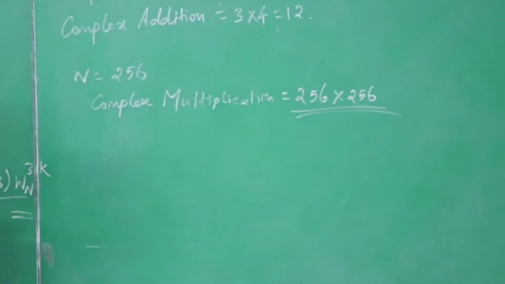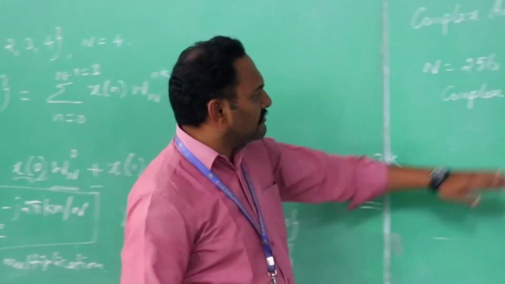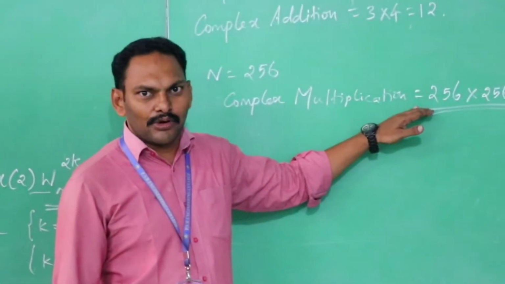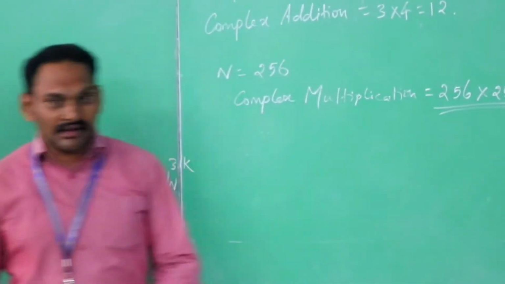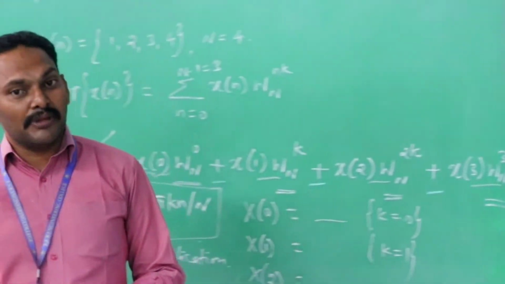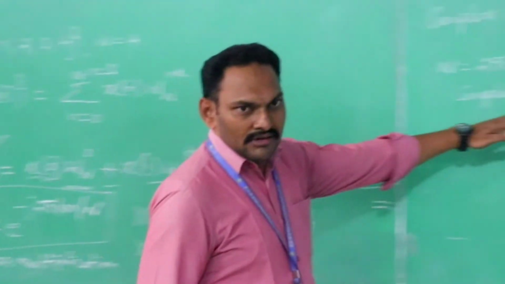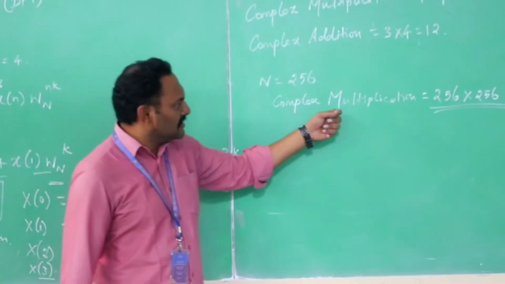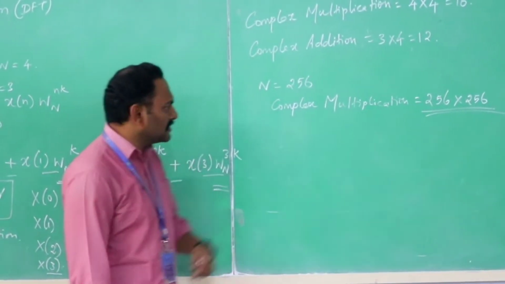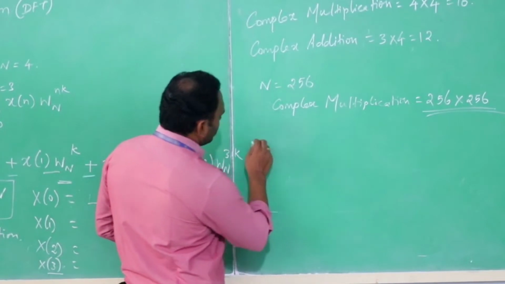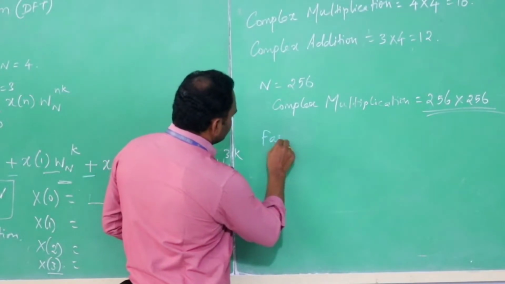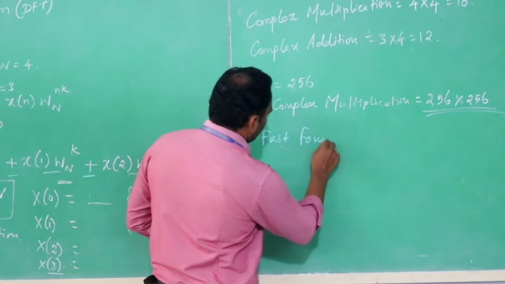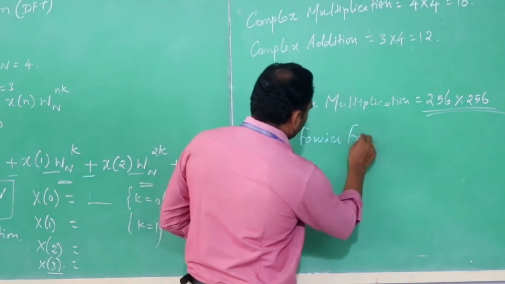It is unimaginable, it is difficult to complete the problem, and even the computer itself requires much more time to solve it and give the output, so we need to go for the fast Fourier transform.